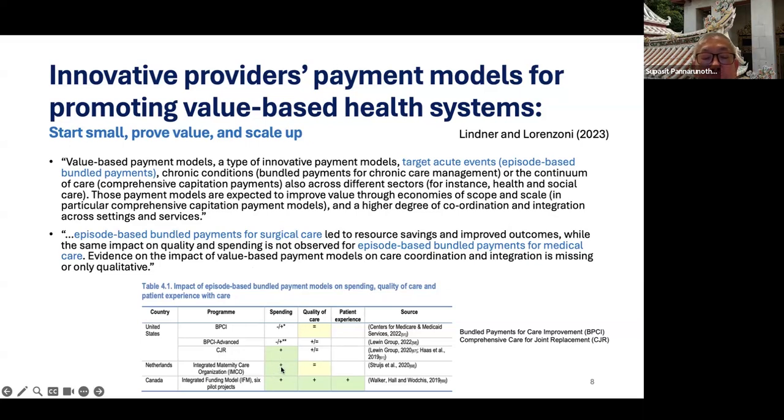So compared with the CJR, which is a kind of episode bundle payment for surgical care, it is rather clear that they can save spending. The impact is better if arranged in this way as the episode-based payment. But the effect on spending is not conclusive in terms of the bundle payment for care improvement, such as DM or NCD, chronic disease management.